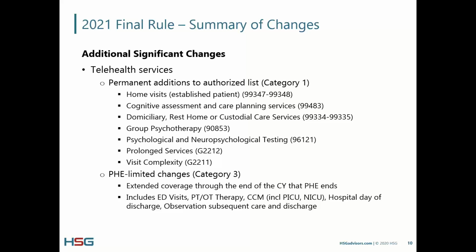These are so-called category 1 elements, and these are items that CMS will always pay for regardless of the current COVID public health emergency. So home visits are going to that list, cognitive assessment and care planning services, group psychotherapy and psych and neuropsych testing, and then the 2 new prolonged service and visit complexity codes are going to be available for telehealth as well.